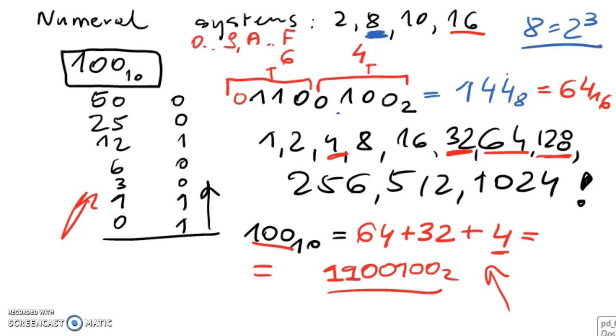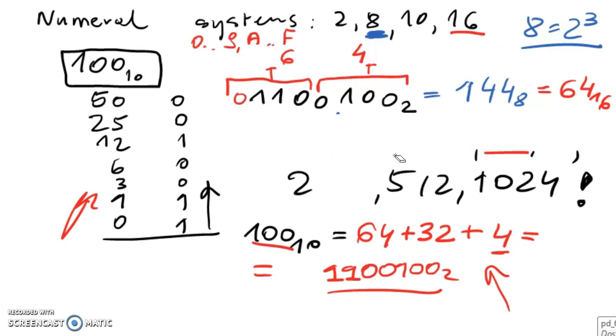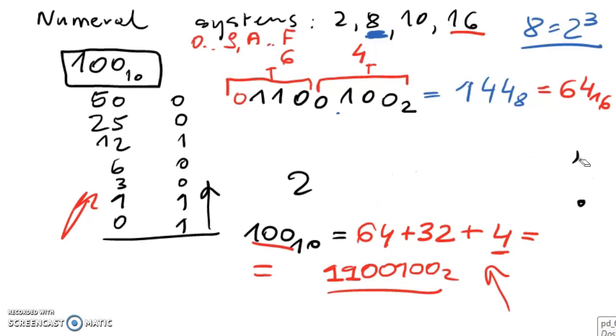And how to verify if it's correct? You must know at least the first 3 powers of the hexadecimal and octal systems. So here you've got the 64, here you've got the 8, and here is the unity position. And similarly, you've got the unity position and the 16 position.